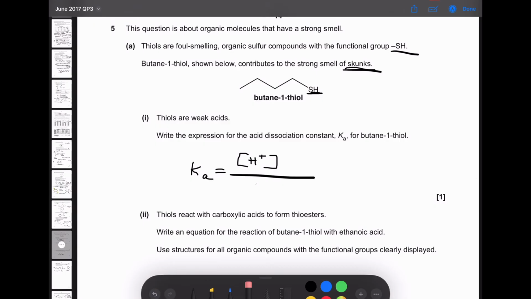So H plus is fine. Concentration of conjugate base, which is going to be C4H9S minus, over the whole molecule, which is just C4H10S, and no charge on that.